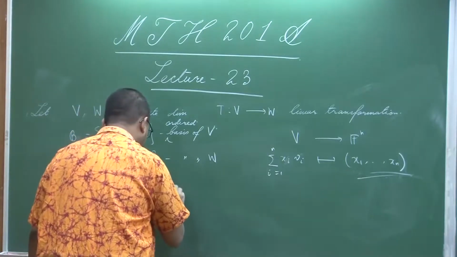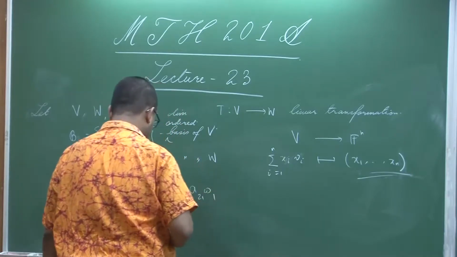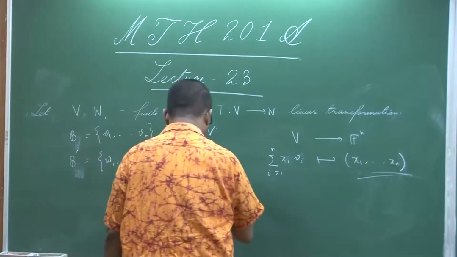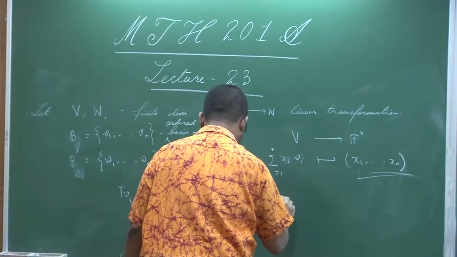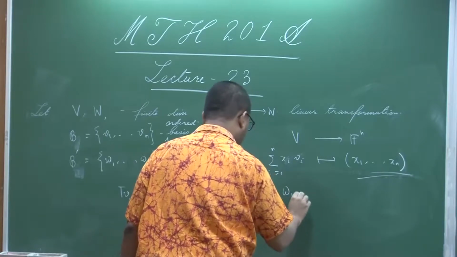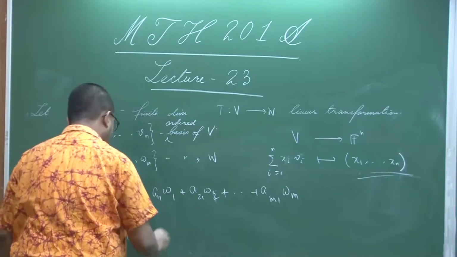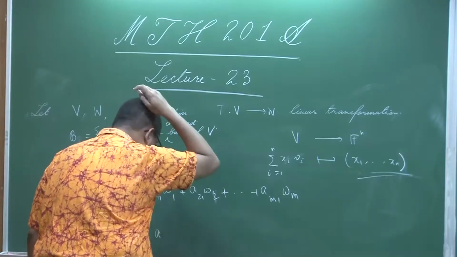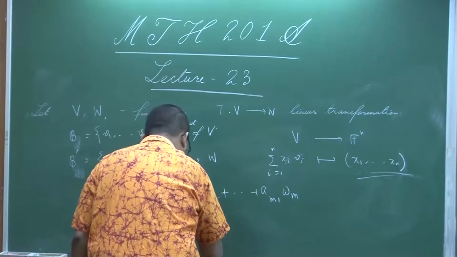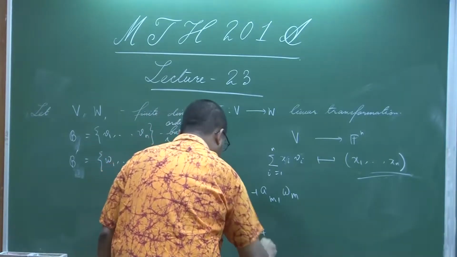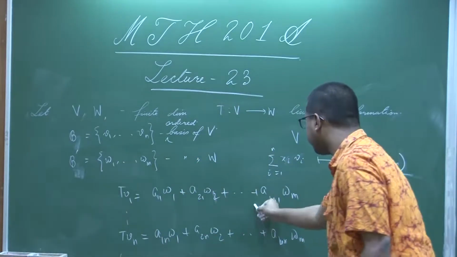So we write a11 w1 plus a21 w2 plus up to am1 wm. Similarly T V2, and so on up to T Vn, we would like to write as a1n w1 plus a2n w2 plus up to amn wm.